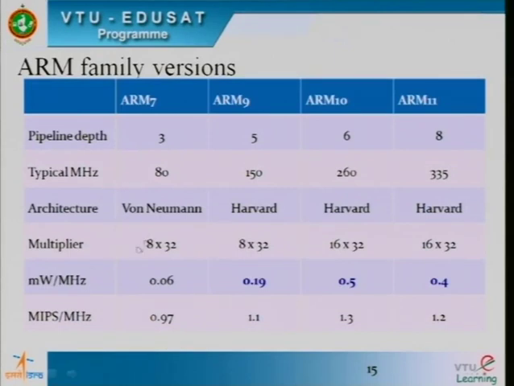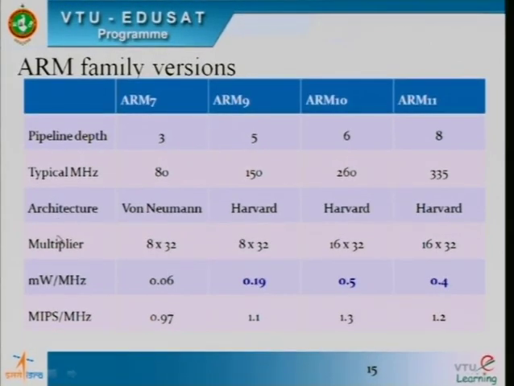So let me just say the ARM family versions and pipeline depth: ARM7 uses a 3-stage pipeline, ARM9 uses a 5-stage pipeline, ARM10 uses 6-stage, ARM11 uses 8-stage. As the stages increase, I am expected to get more and more performance benefit, right?